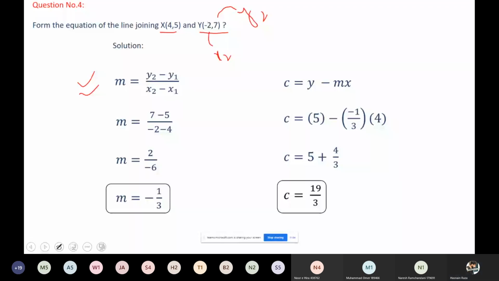So the formula requires us to write y2 minus y1 in the numerator. So 7 minus 5 in the numerator upon x2 minus x1. x2 is minus 2, minus 4. ठीक हो गई जी बात.